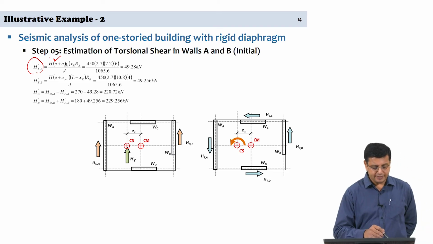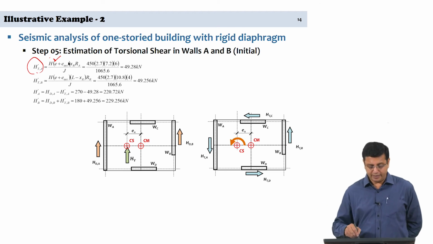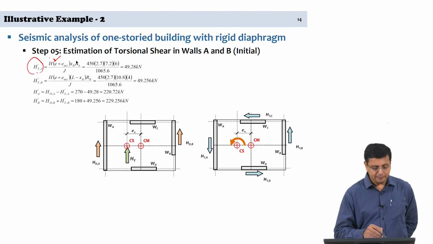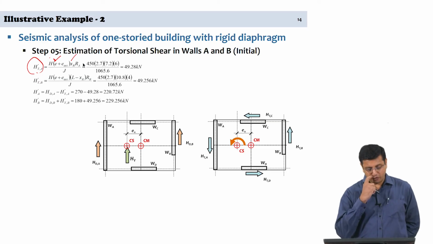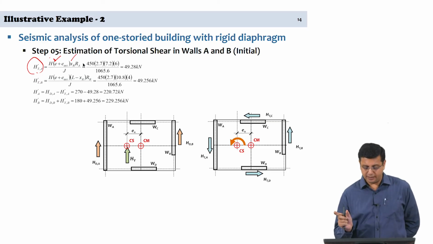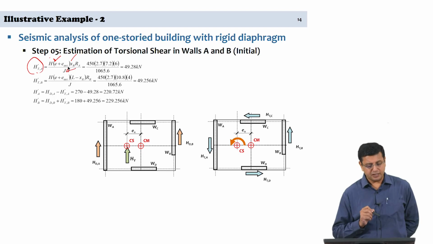So, the eccentricity will be 5% of the 18 meters that we have as the length of this building, multiplied by XR and into Ra, which is the stiffness of wall A. XR is the distance between the center of stiffness and the centroid of wall A itself. It is divided by the polar moment of inertia that we estimated in our step 2.